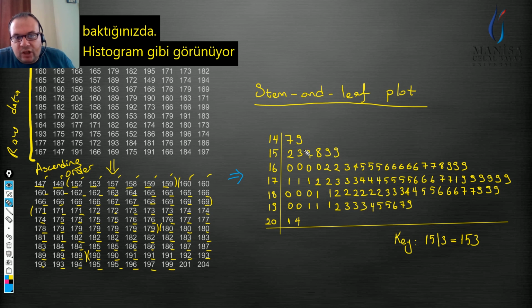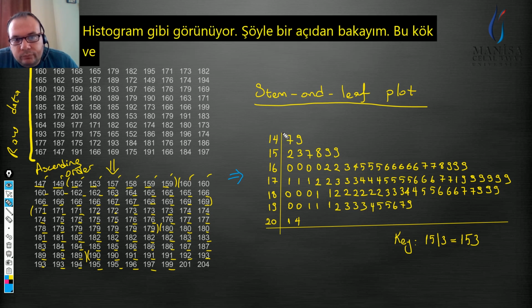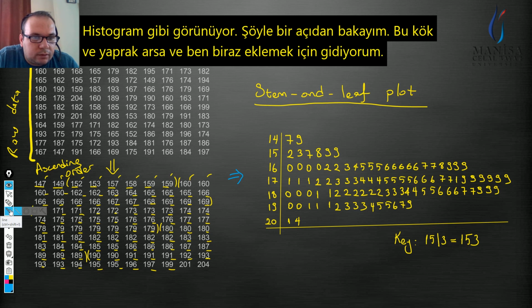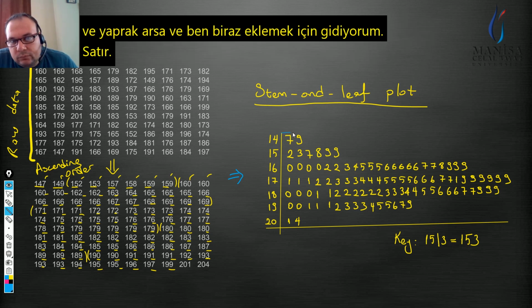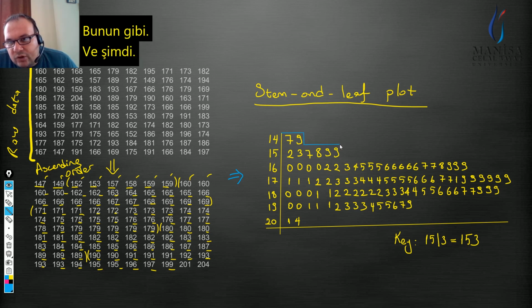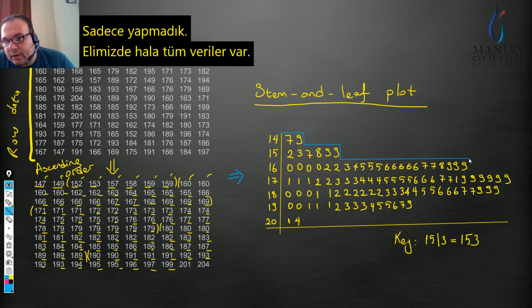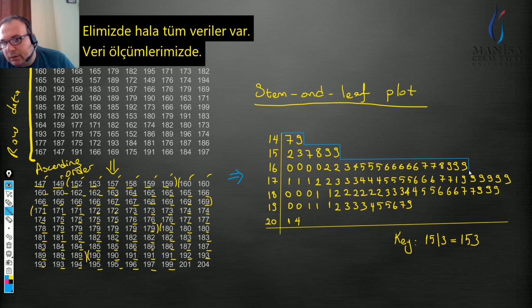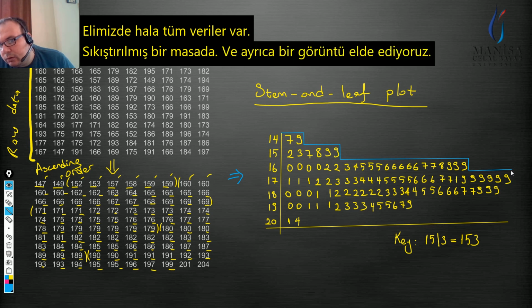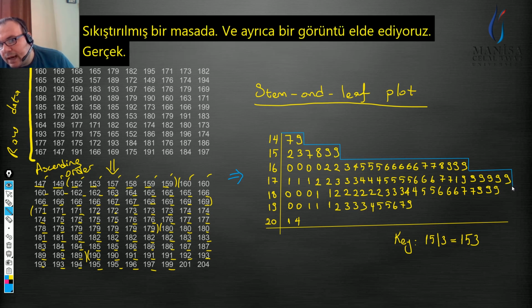Okay, this is the stem and leaf plot, and I'm going to add some lines like this one, and now we didn't lose any information. We still have all the data from our data matrix in a compressed table, and also we get a visual view like a histogram, right?